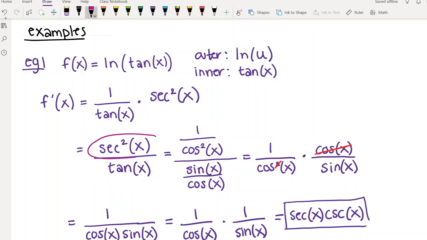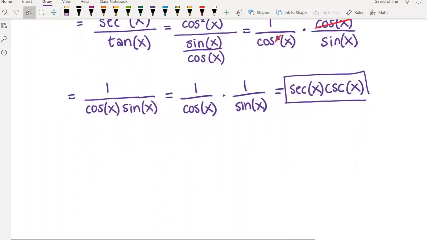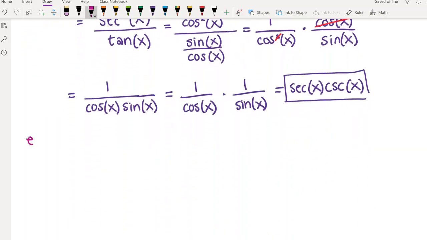And then the derivative of the inside function ended up on the top. So if you want a shortcut, you can remember that if you're taking the derivative of ln of something else, that original inside function will end up in the denominator, and the derivative of that inside function will end up in the numerator. But you don't really have to remember that as a separate fact because it's really just the chain rule.